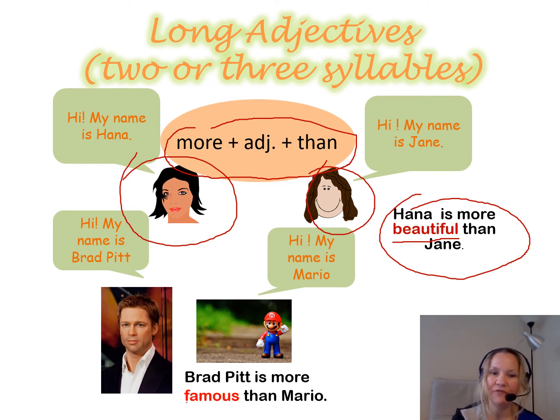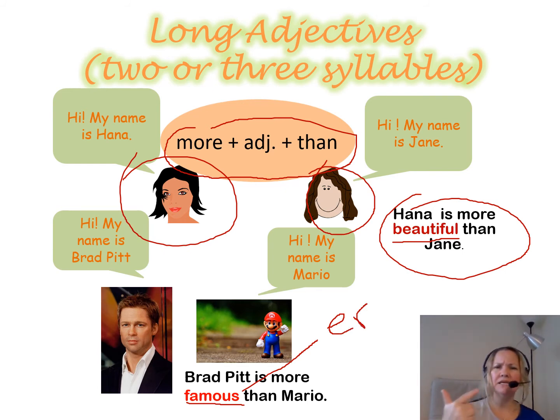Okay, so if you have a look at my second example, we have famous, 2 syllables, okay? Again, it's a long word. So famous. Brad Pitt is more famous than Mario. Okay, so with famous, we don't say famouser.